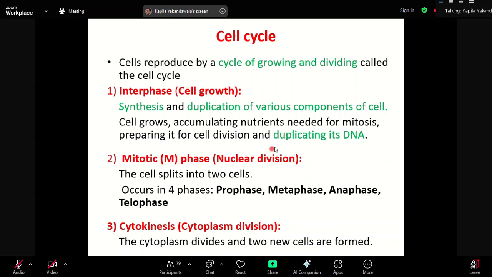During that time, duplicated DNA will divide, the nucleus will divide and produce two cells. It will undergo another 4 stages: prophase, metaphase, anaphase, and telophase. Then once the nuclear division is over, the cell will enter the cytoplasmic division stage. We call it cytokinesis.